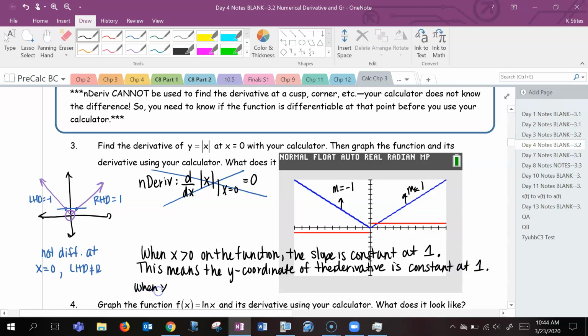And when x is less than 0 on the function, the slope is constant at negative 1.